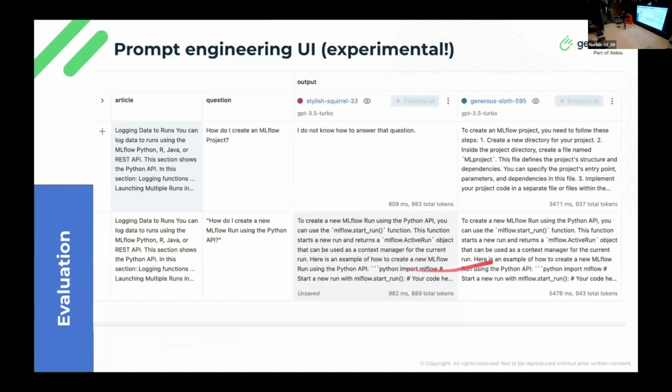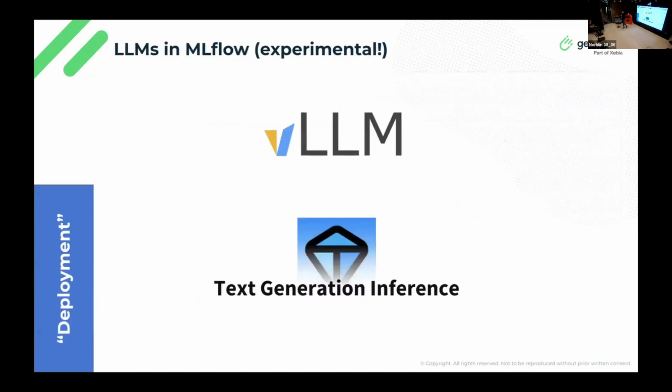So as you can see in here, we have two different prompts for the same model and for the same input, where the article, so the context, and the question is passed to the LLM with two different prompts. You will get totally different results, and MLflow allows you to summarize that, to run all of the prompts against multiple models. So it will probably be extended in the future, but it's useful if you are working with base apps.